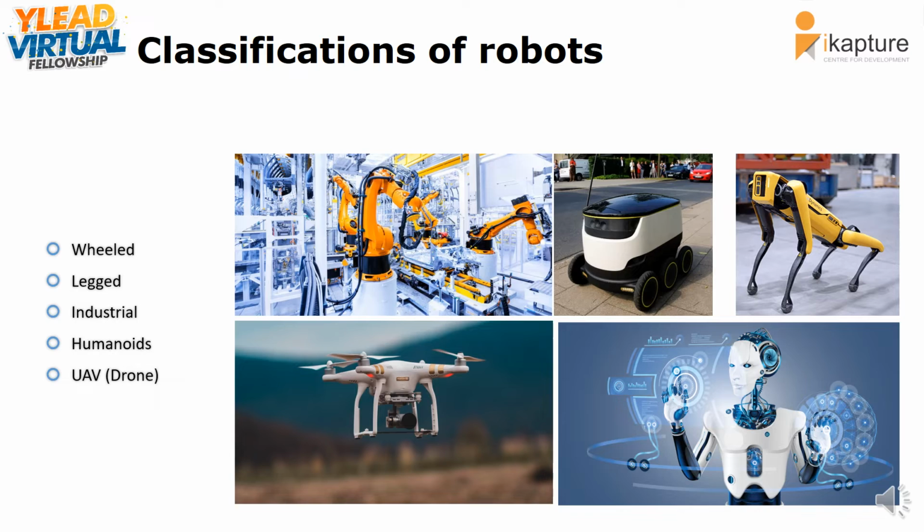Then we have the legged robot, which is like a dog or other animals. Then we have the drone, which is the UAV, unmanned aerial vehicle, or unmanned aircraft system. Then finally we have the humanoid robot, which looks more like a human. So these are the classes of robots.